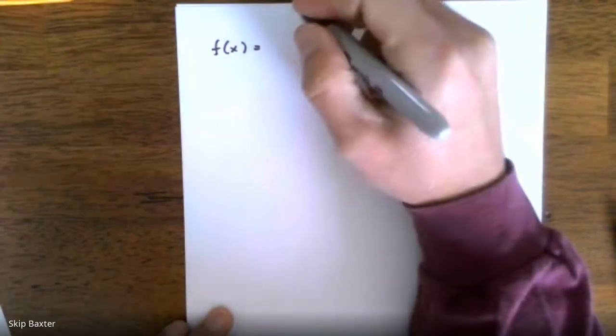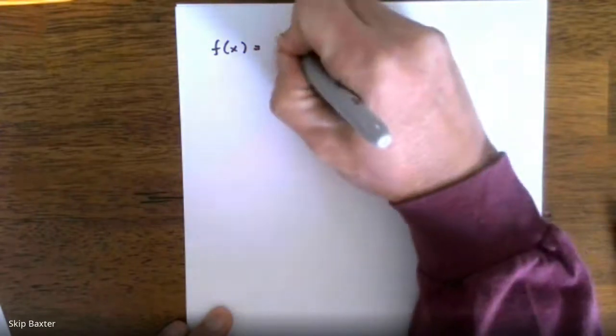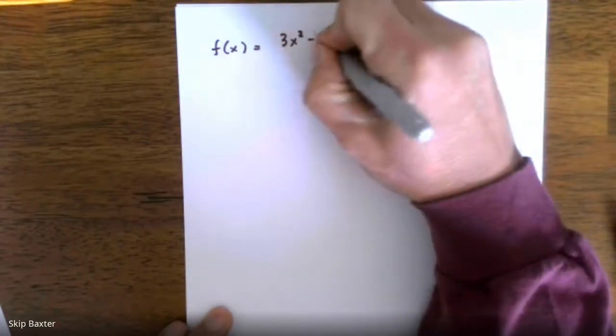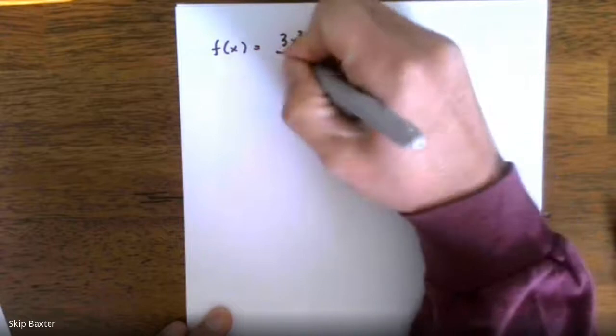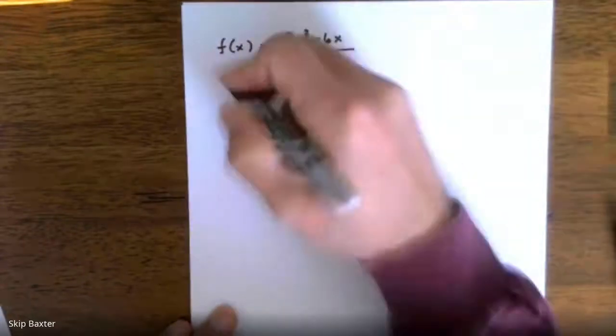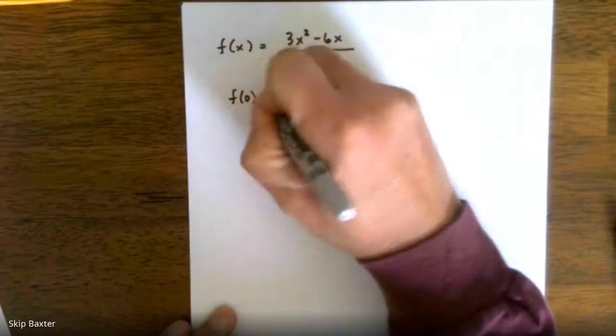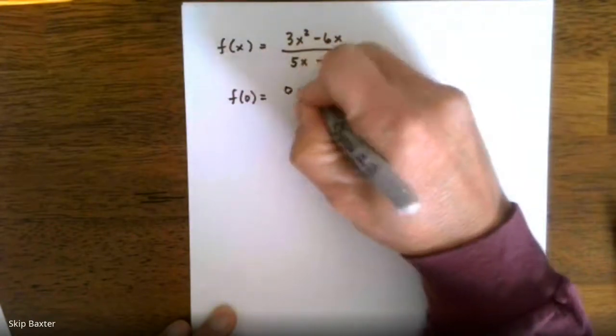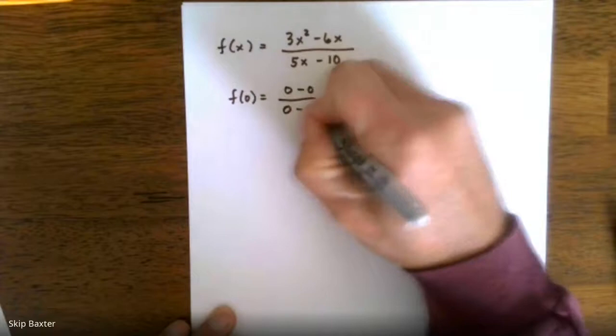Another one. How about something like f of x equals 3x squared minus 6x over 5x minus 10. In this case, f of 0 would be 0 minus 0 over 0 minus 10.